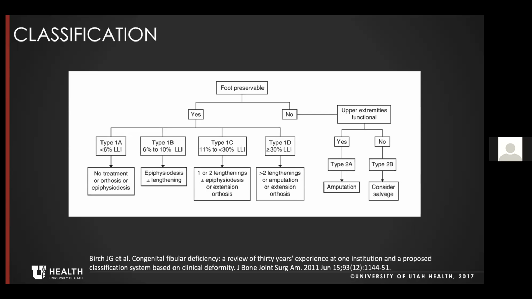And Chris, can you say something about are there some absolute indications or contraindications for you that really just throw them into one category or the other? Like you mentioned, the number of rays in the foot or something like that, which historically had been used. Yeah, so people have used how much fibula is there or how many rays. And I have seen kids with a single ray have their foot preserved and do okay.